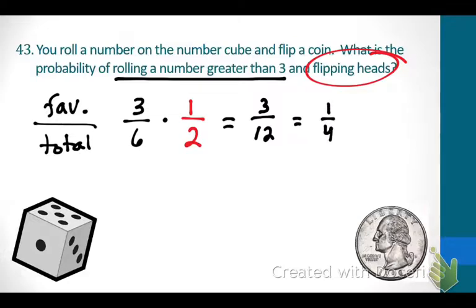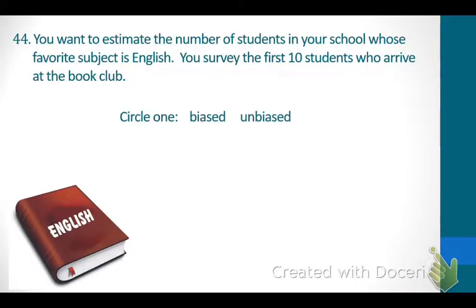And what's the percentage that goes with 1/4? 25%. If I was to ask you the likelihood of that happening, what do you think? It is unlikely. That's probably not going to happen, that you will roll a number greater than 3 and flip heads.